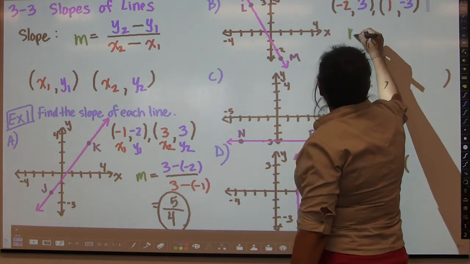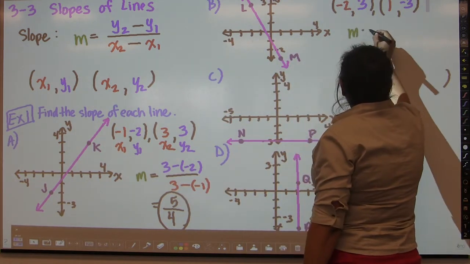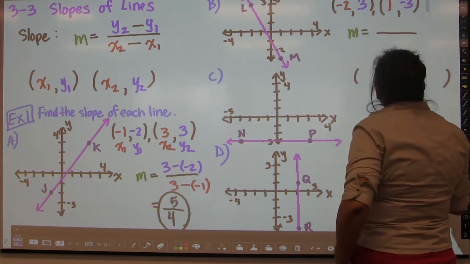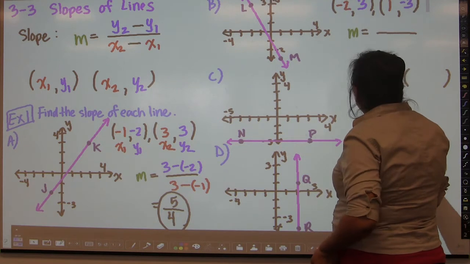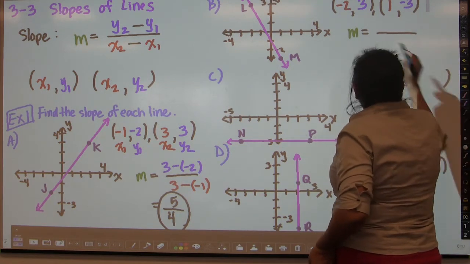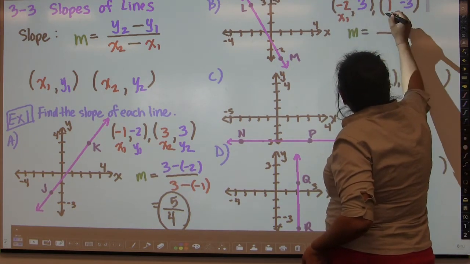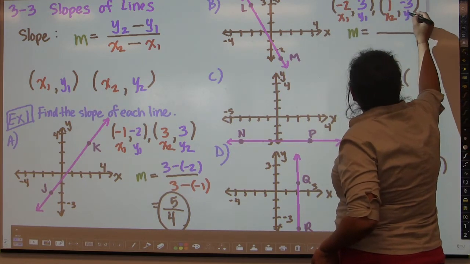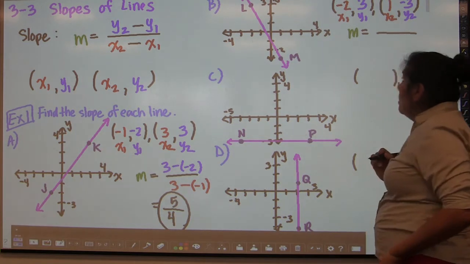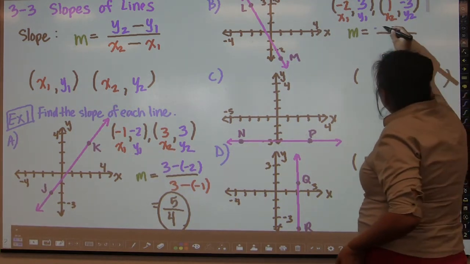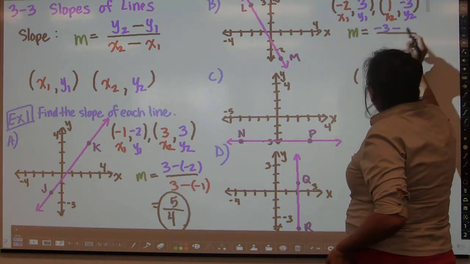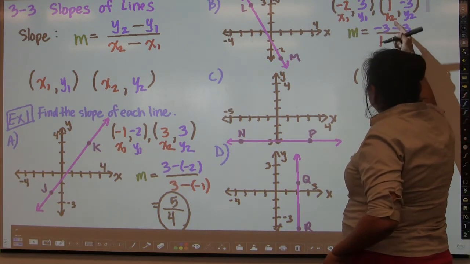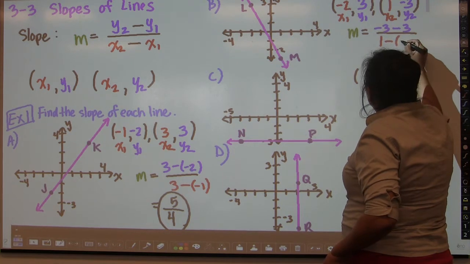We're going to get M equals y2, so we're going to do this again, and we're going to call this x1, y1, x2, y2, and then we're just going to follow the formula. The formula is just take y2, which is -3, and subtract y1, which is +3. On the bottom, we're going to have x2, which is 1, and then minus -2.